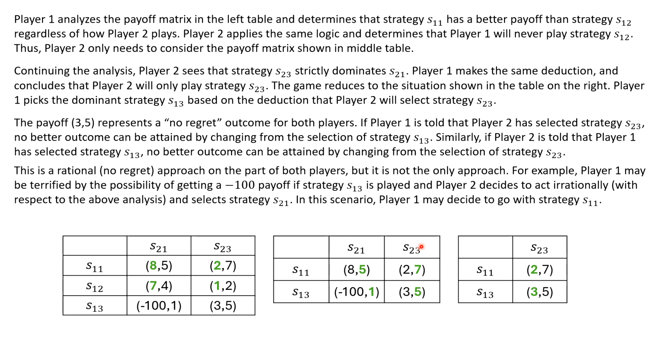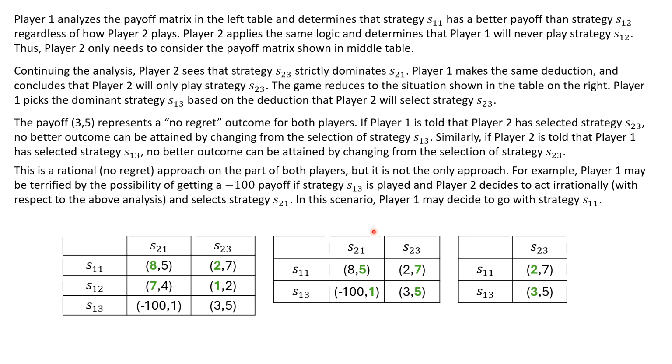Now player 1 sees player 2's position where 7 is bigger than 5, 5 is bigger than 1. So player 1 concludes that player 2 in this reduced matrix is going to play S23 since it dominates S21.